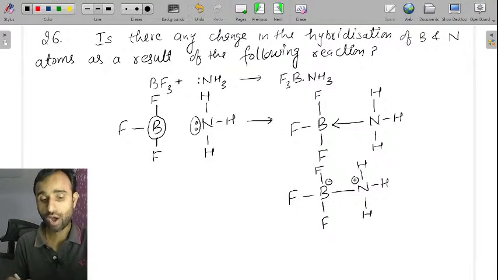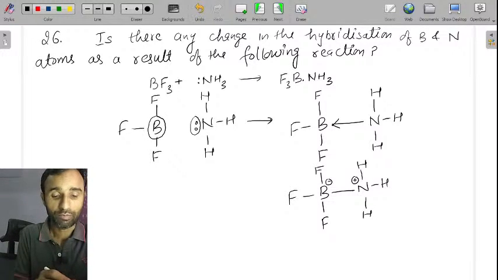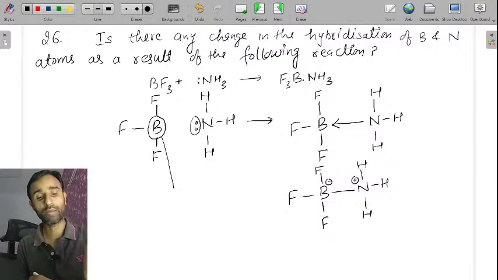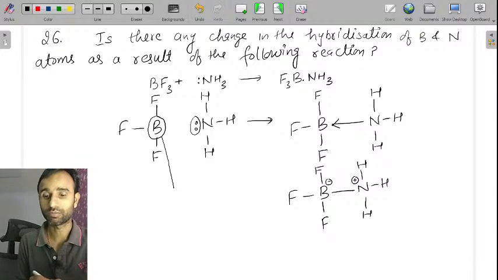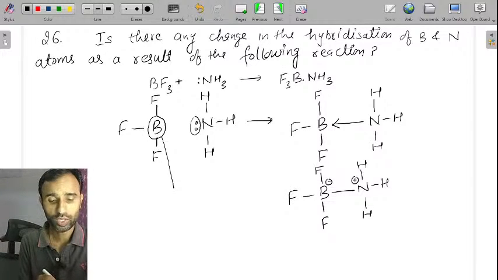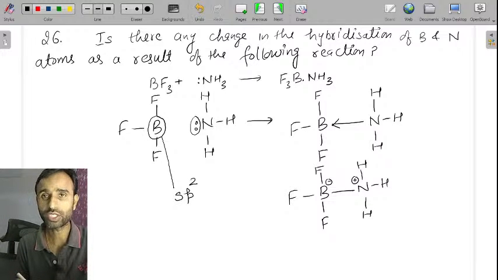Okay, so now what happened? Tell me, what is the hybridization of boron before the reaction? See, boron has 3 bonds, so its hybridization is sp2. Am I right? sp2.